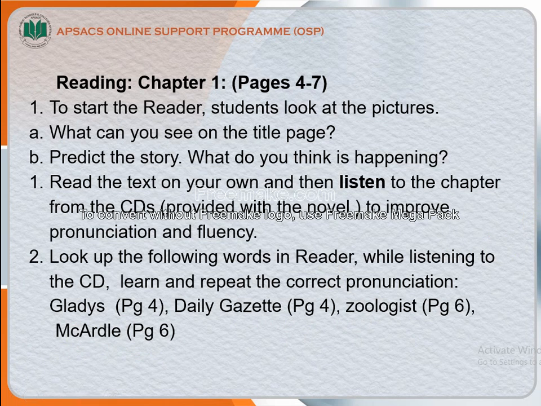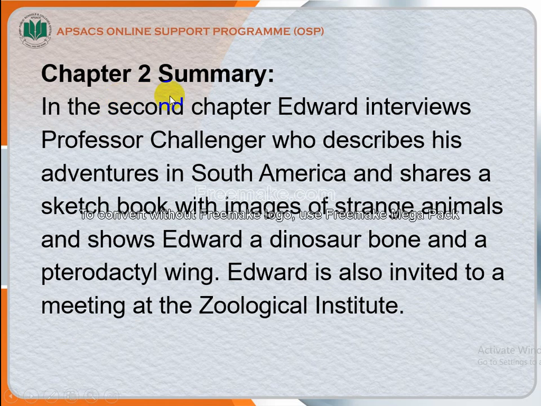Come to the chapter number 2 summary. In the second chapter, Edward interviews Professor Challenger, who describes his adventures in South America, shares a sketchbook with images of strange animals, and shows Edward a dinosaur bone and a pterodactyl wing. Edward is also invited to a meeting at the Zoological Institute.